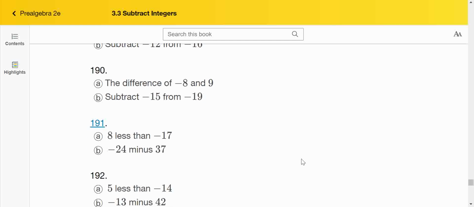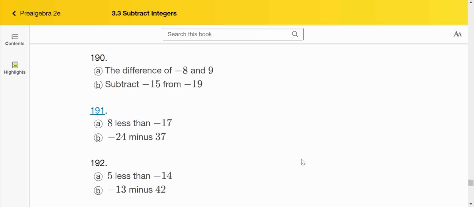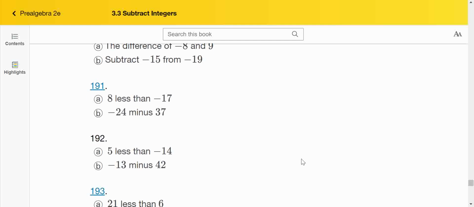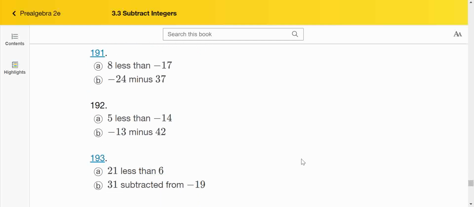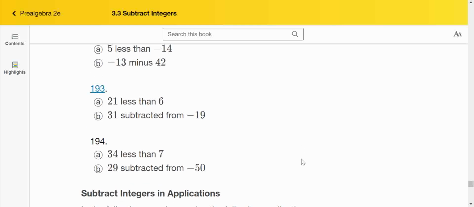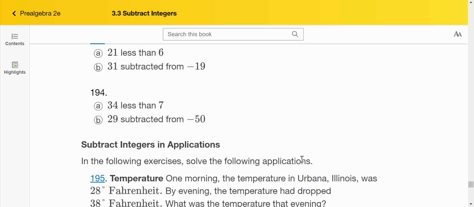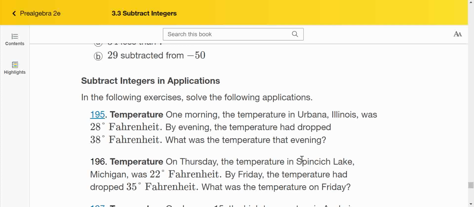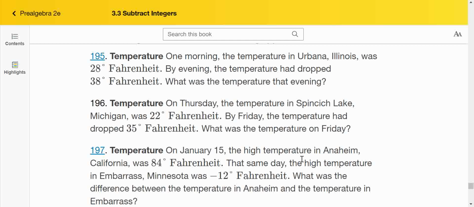Because many of these problems will have different numbers, but they will introduce very similar, if not the same, set of operations. They'll ask the same questions with different numbers. So don't try to memorize the numbers.